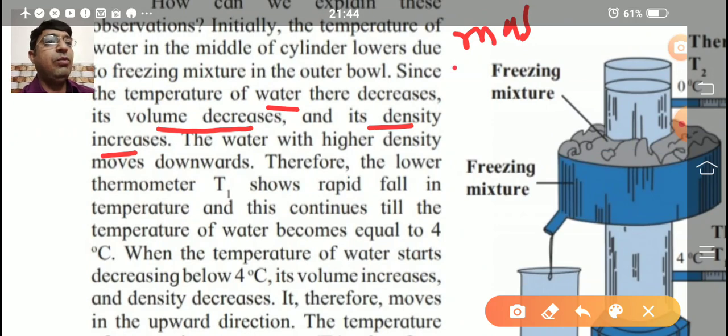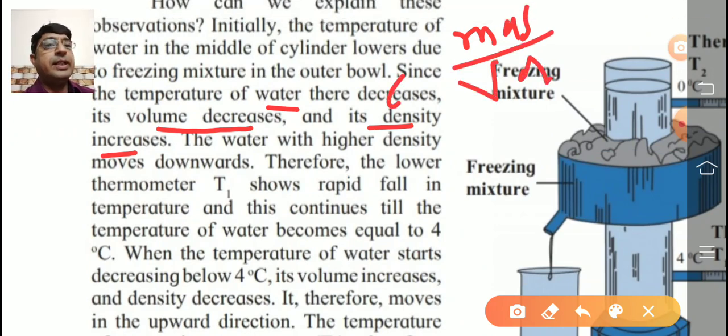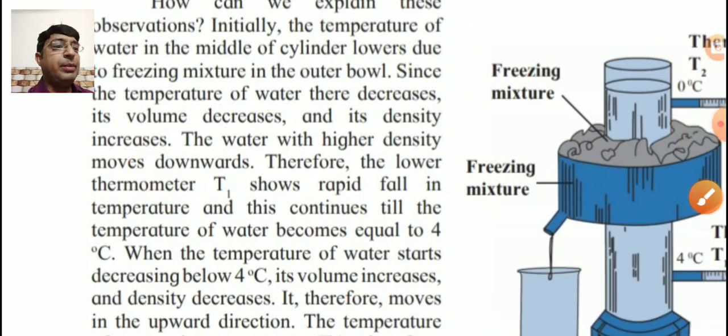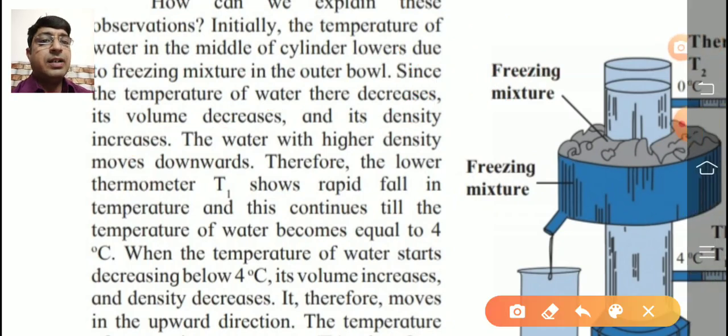The relation of density and volume is inversely proportional. Remember this. That is why volume decreases and density increases. The water with higher density moves downward. Therefore, the lower thermometer T1 shows a rapid fall in temperature, and this continues until the temperature of the water becomes 4 degrees Celsius.